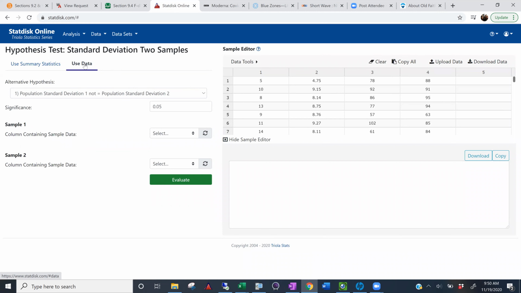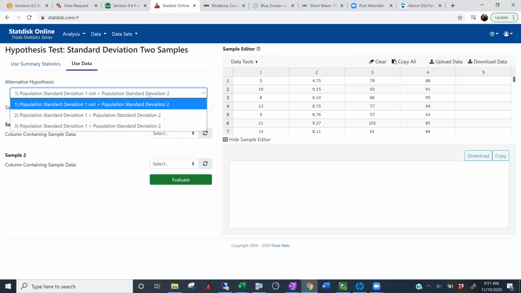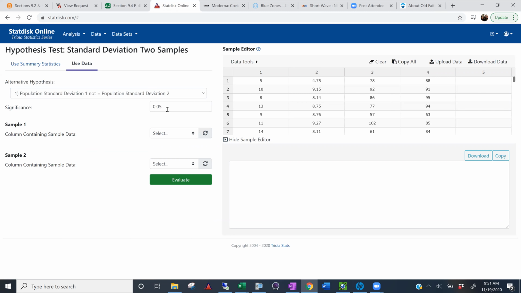So we're going to be using data, not summary statistics. We're not going to plug in the mean and standard deviation, sample size, that kind of stuff. We're just going to let Statistic figure it out from the data. Now the form of our alternative hypothesis is still correct, so we're looking good there. Significance 0.05. And for me, the data is going to be in columns 3 and 4.